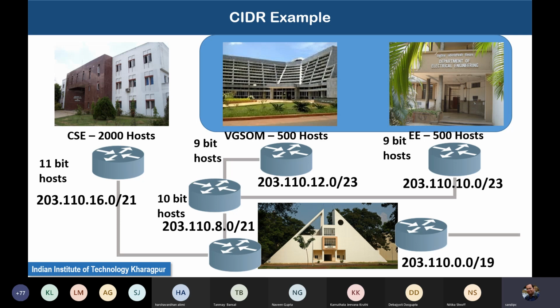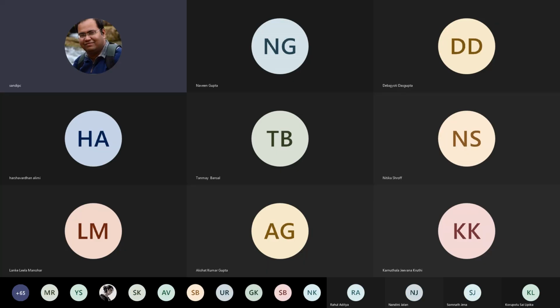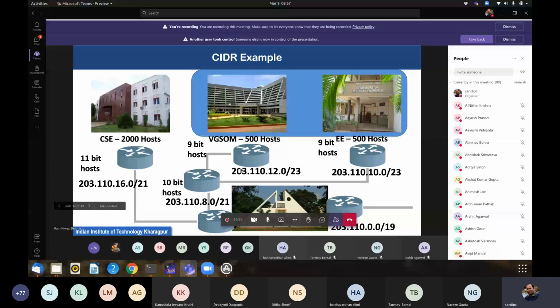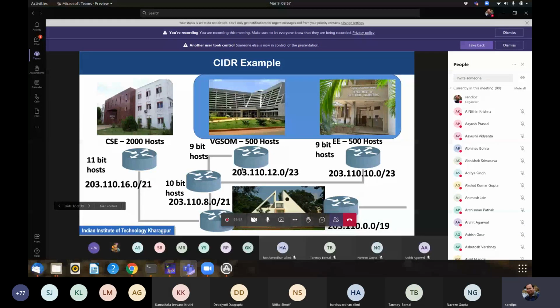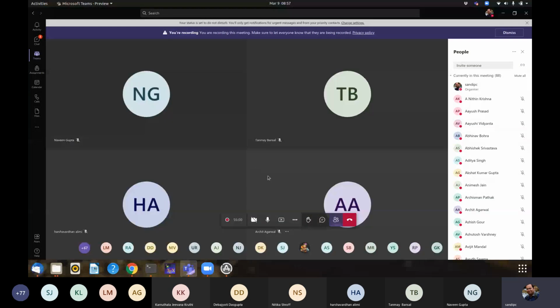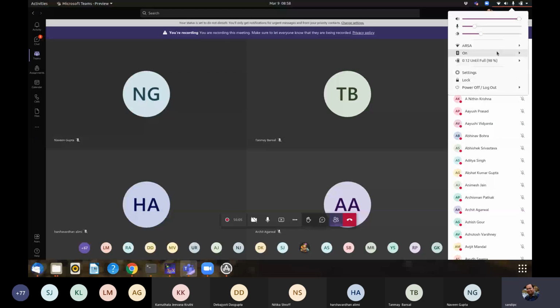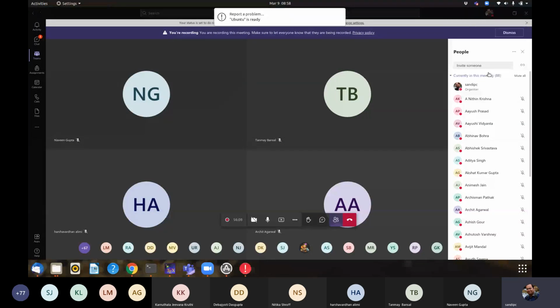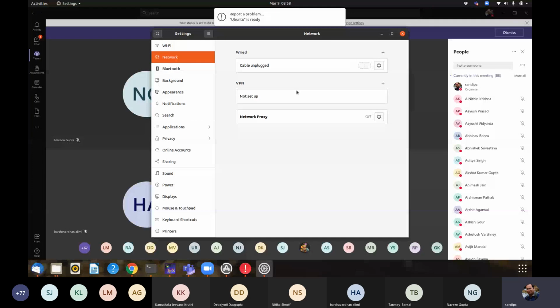For your individual cases, let me share my screen. Say this is a Linux machine. Under settings, it has the option for configuring your IPv4 address.